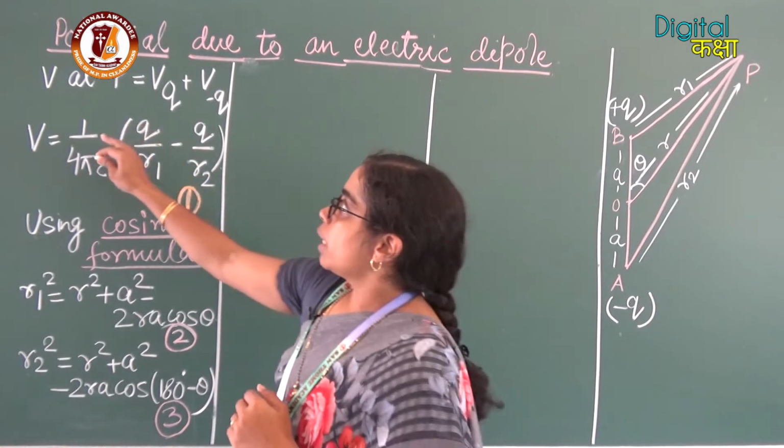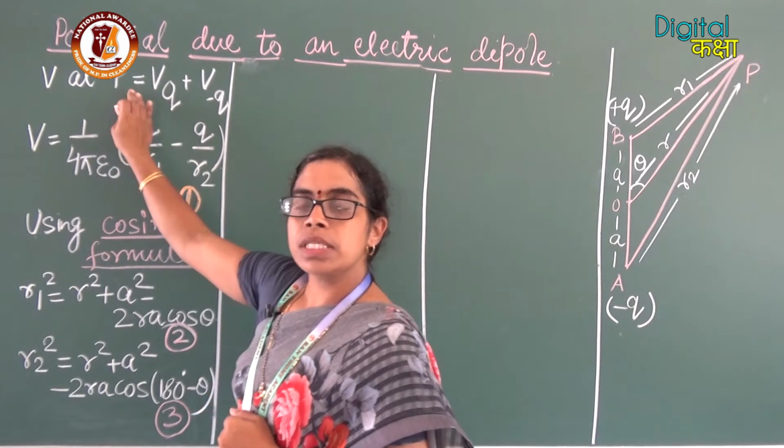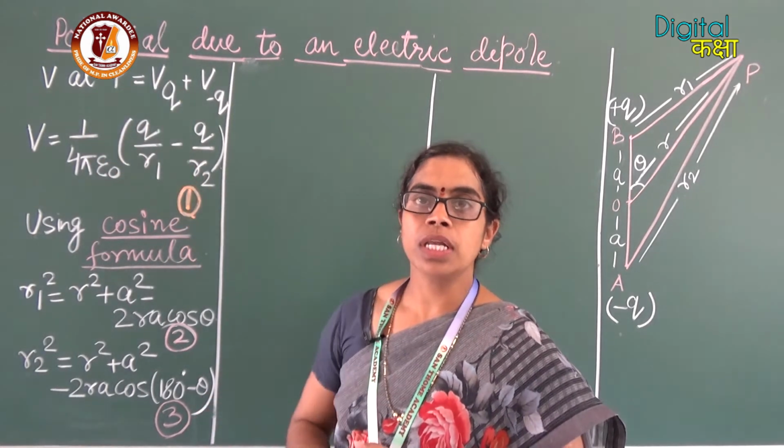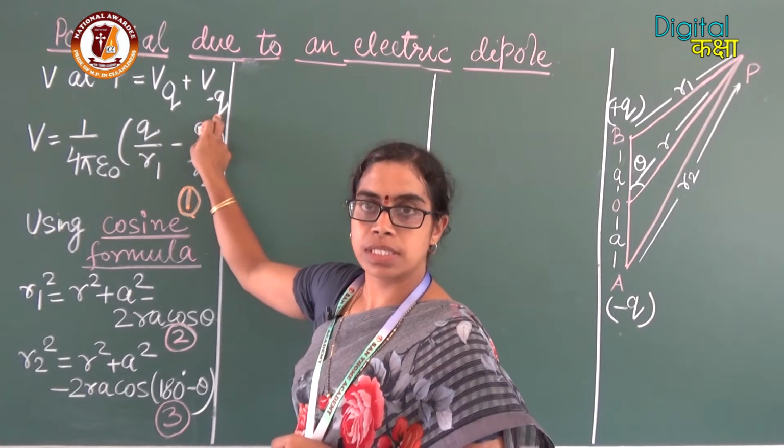Now we know that the potential at P will be the algebraic sum of the potential due to the plus Q and the minus Q charges.